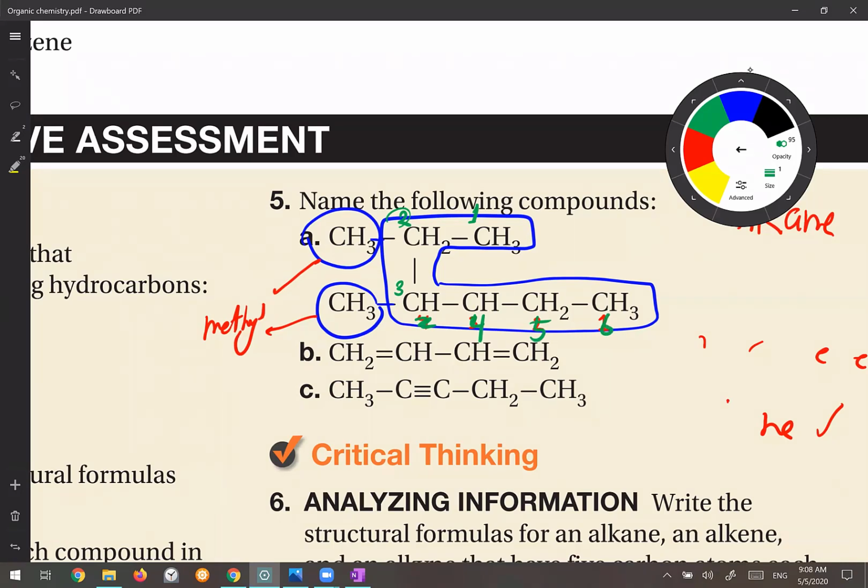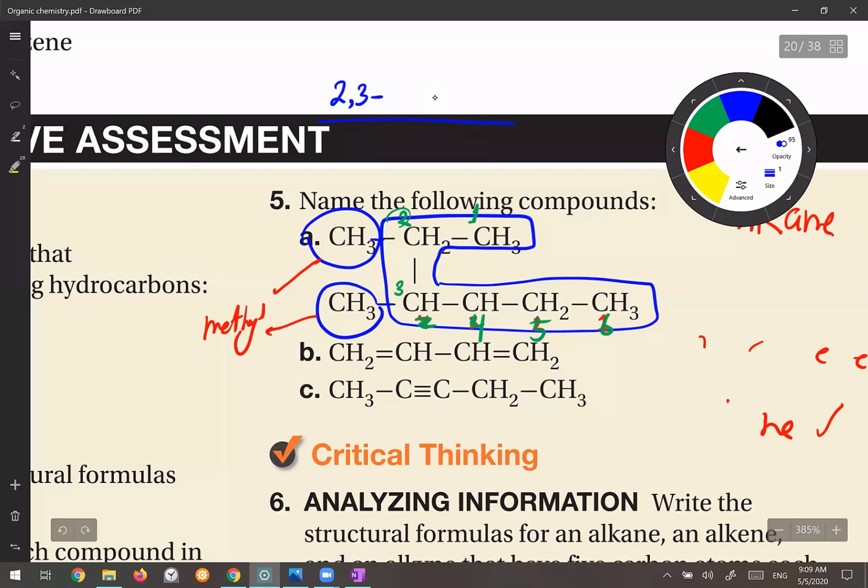Now I have found the parent chain. I numbered it correctly. Now it's time to write down the name of that. So in the first part, we have to write the name of the branches that we have. I have only one type of branch and it's methyl in the second and the third position. So I have to write on the second and third position.